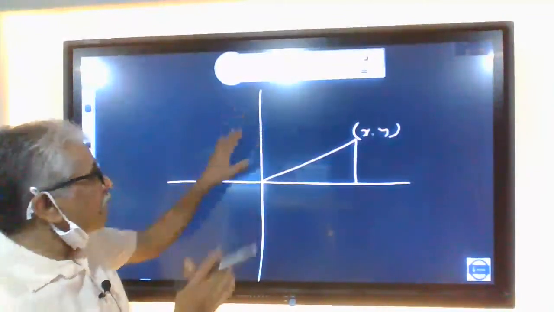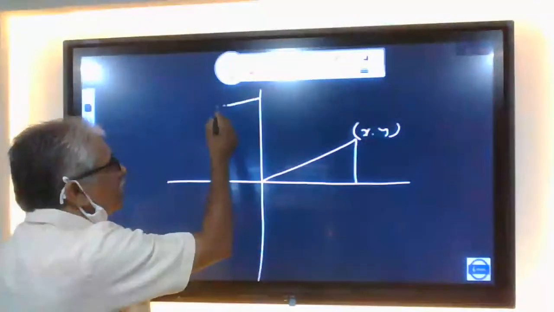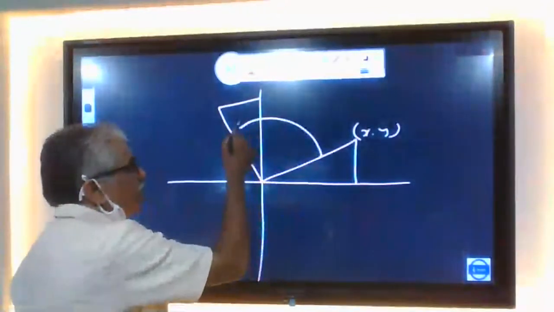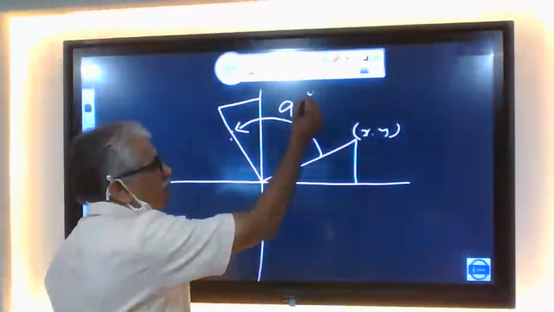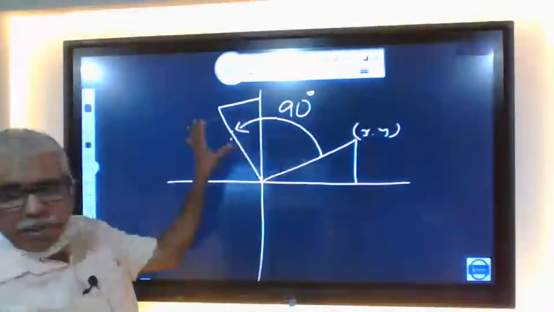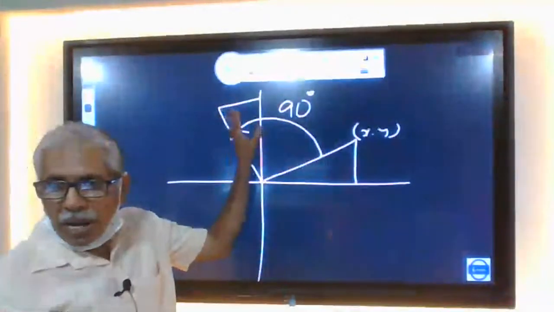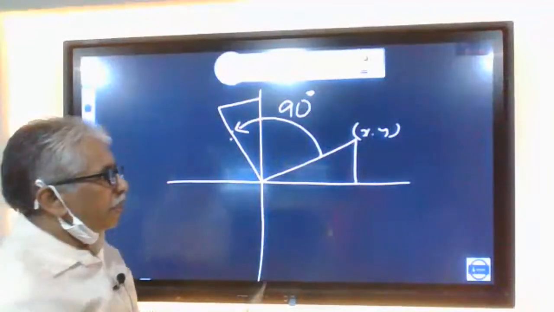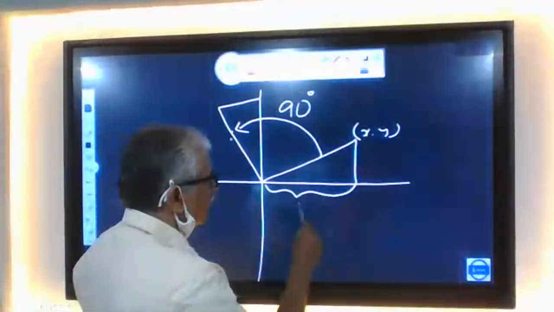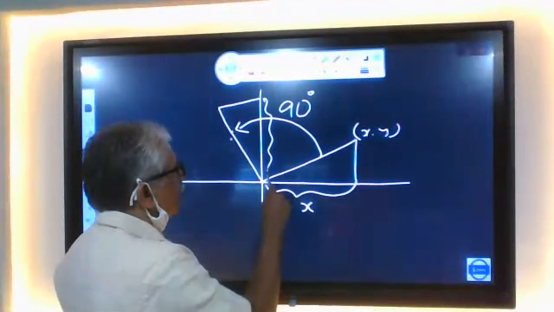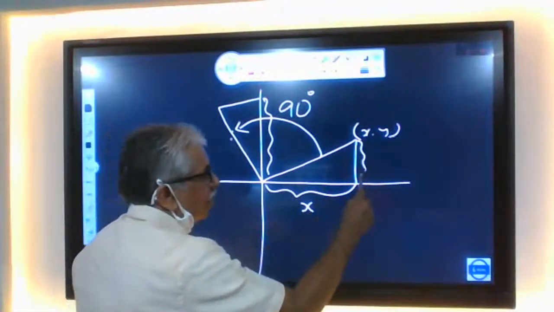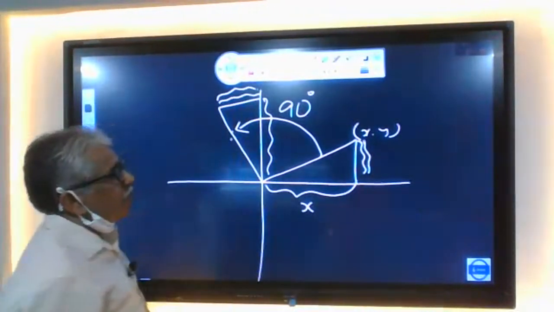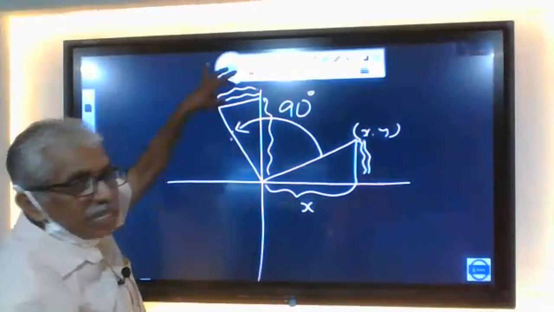It turns through 90 degrees. The leaf will come to such a position, turning through 90 degrees anti-clockwise. But when this triangle turns, the length x is now here, and this will be here. So these are of lengths x and y itself.